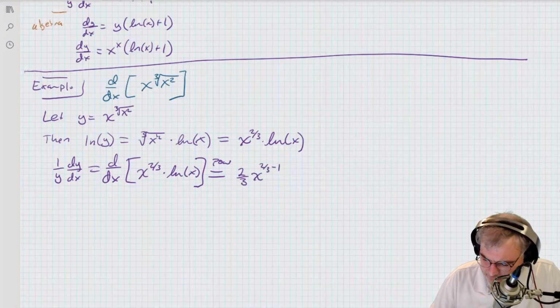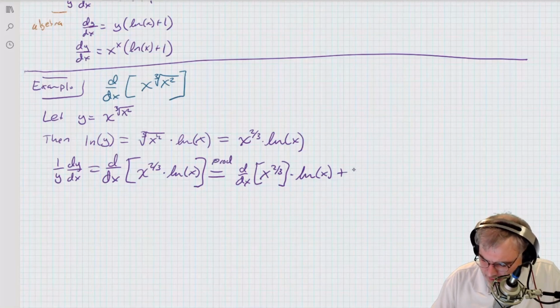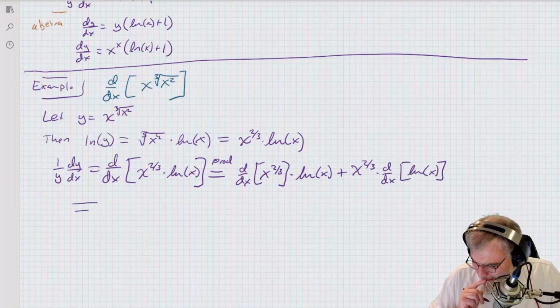Oop, I didn't write the derivative, did I? I'm skipping a step. Points off Scott's paper. Plus x to the 2/3 times d over dx ln of x. I'm already wanting to do it without writing out the steps, and then of course I'm making a mistake.